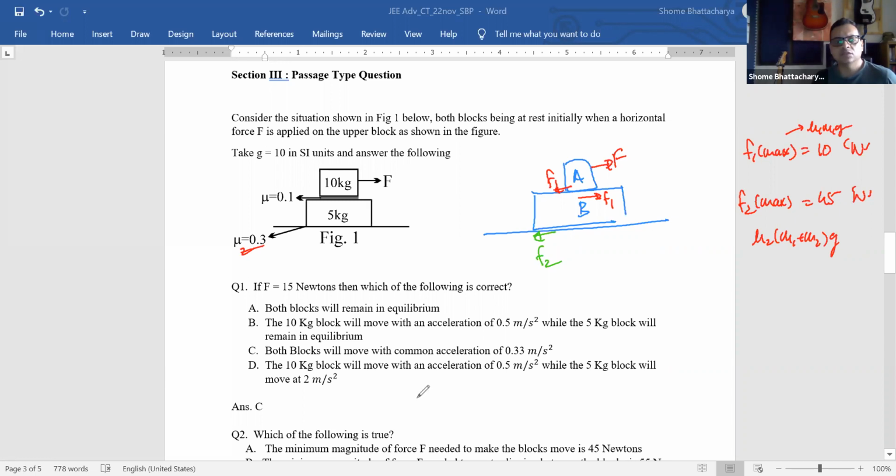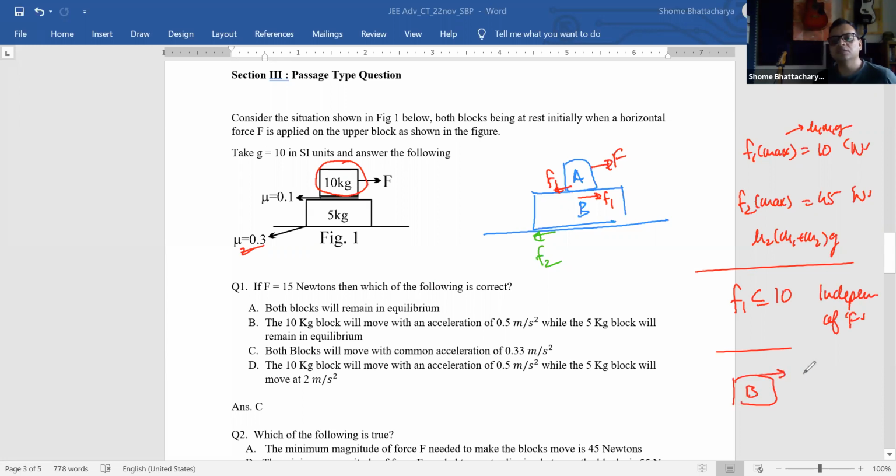Now you can see that no matter how much force you apply on this block, F1 cannot be more than 10. So F1 is less than or equal to 10, independent of capital F. Now when you look at block B's FBD, this is less than or equal to 10, and this can go up to a maximum value of 45.